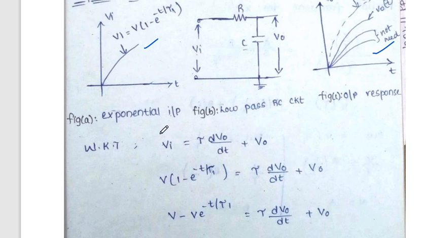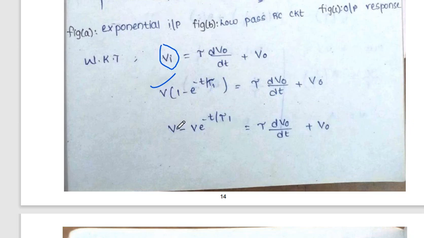And here Vi represents the exponential input signal, clearly defined here, that is V into 1 minus e power minus t by tau 1. Substitute that value here. Therefore, V minus V into e power minus t by tau 1 is equal to tau into dV0 by dt plus V0.